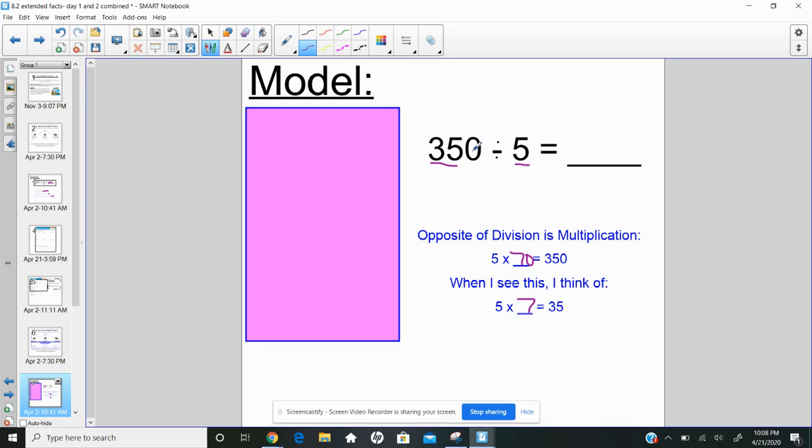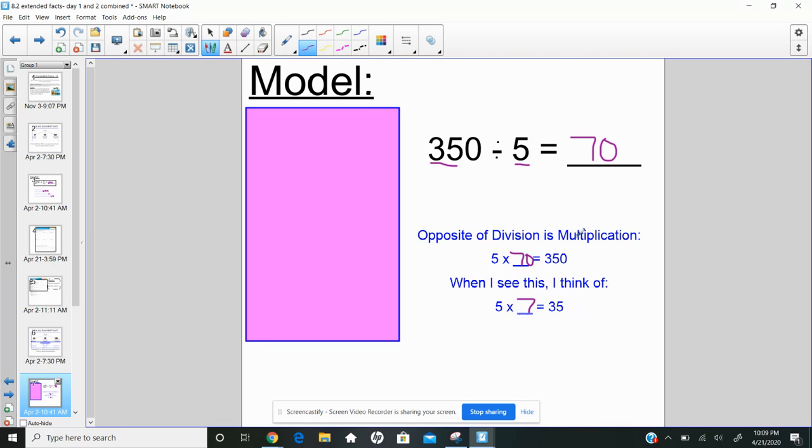Okay, so here, there's again a 0 here. So my answer here still needs to be the same as down here, because 5 times what equals 350? Well, it would be 5 times 70. So I need to make sure, again, my answer has 1 zero and my problem has 1 zero.